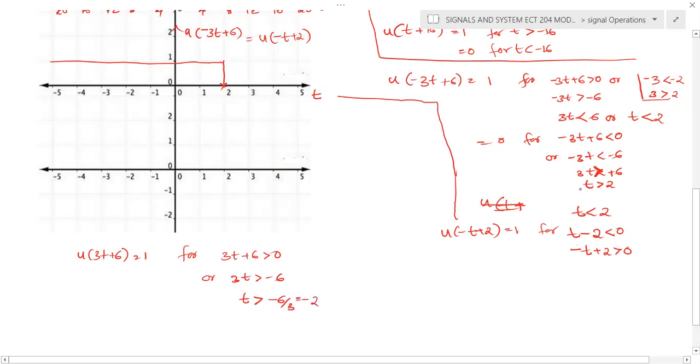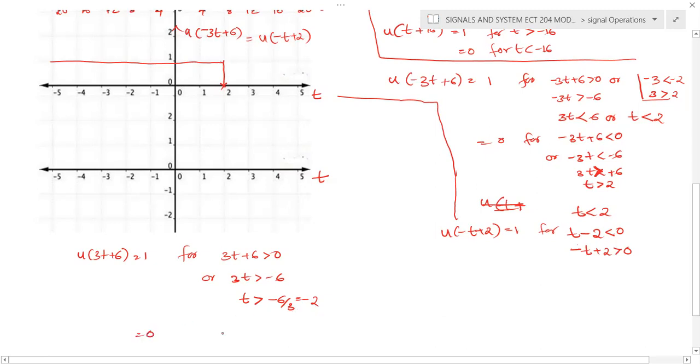Why we are multiplying by minus 1 here in the third question? Because we need a graph with respect to t, not minus t. So that way we are making this function. Here it is minus 3t, so that's why we are multiplying with minus 1. But in this particular case, the equation is t greater than, so we don't want to multiply with minus.